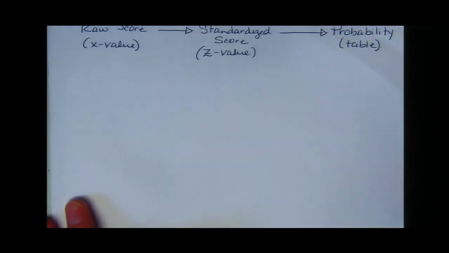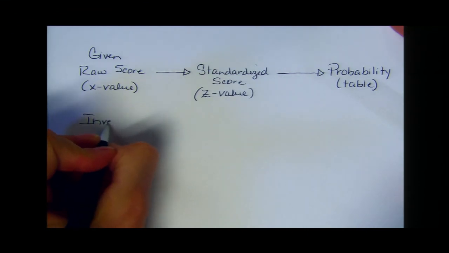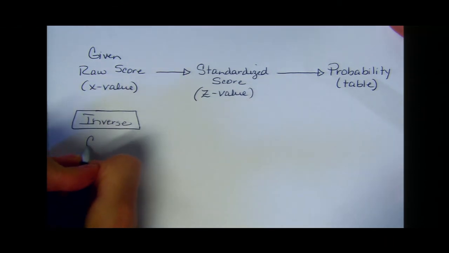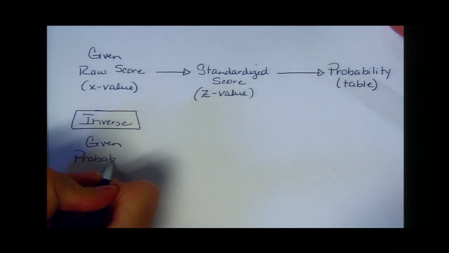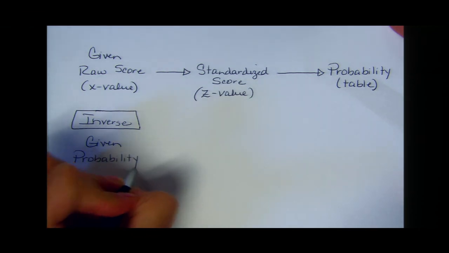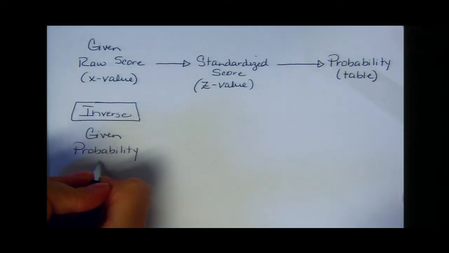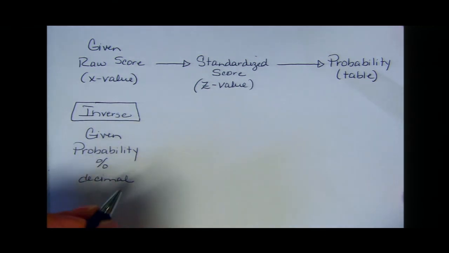So now when we do the inverse of this, given will be the probability. And the thing to remember about this is the probability will either be given to you as a percent or as a decimal. So that's kind of a hint.